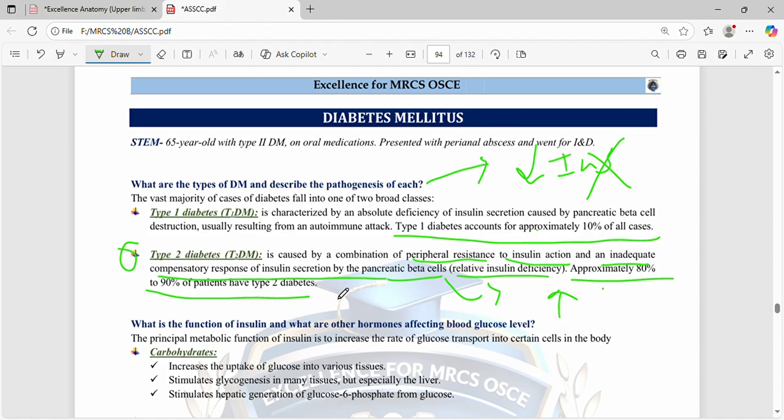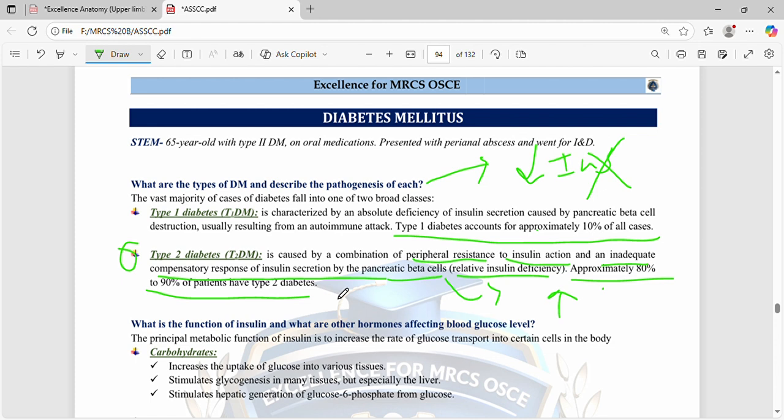This is usually congenital or genetic and presents early in age, like in children or in the teens, and it is rare, about 10%. It is also called insulin dependent diabetes mellitus, and the patient has to take regular insulin injections.